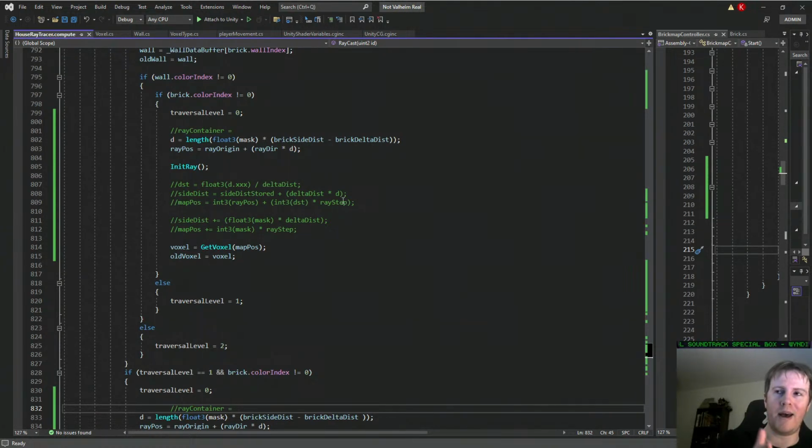If we increment the voxel, it also increments the brick and the wall. That causes desync, because the brick and the wall map position falls behind. So this needs a check for that, and that's what I don't really want to do.